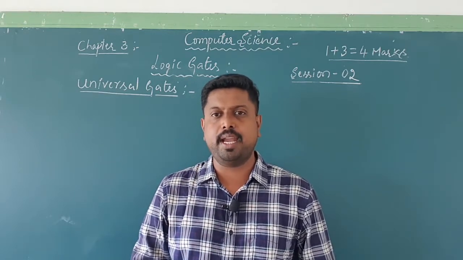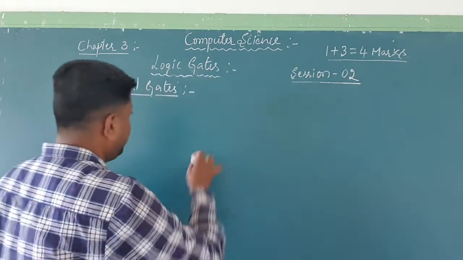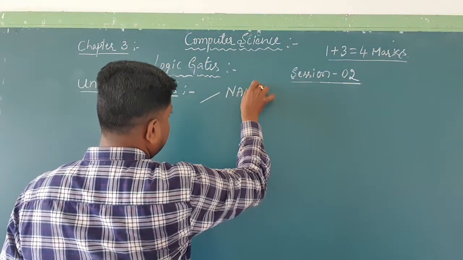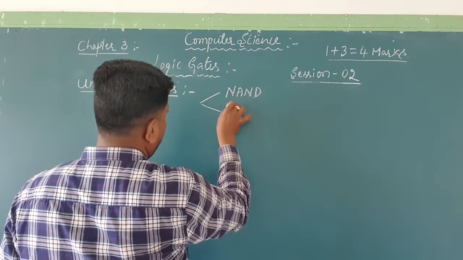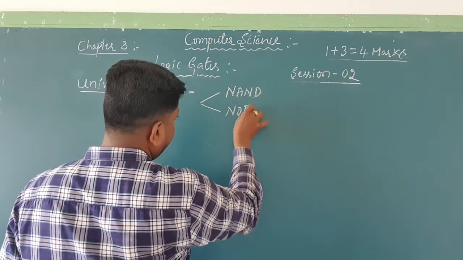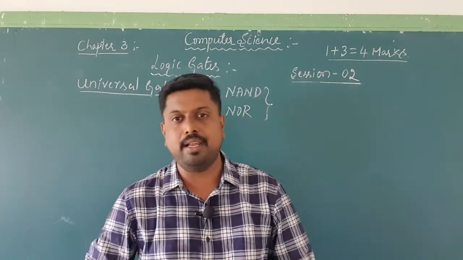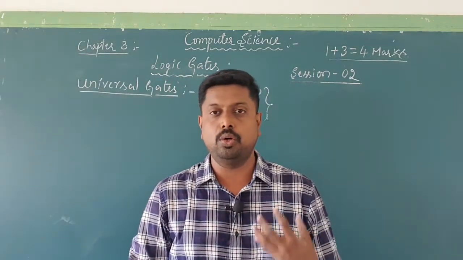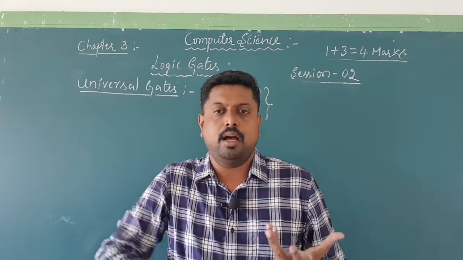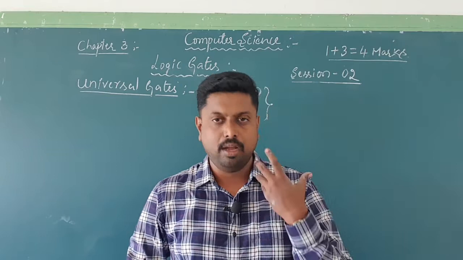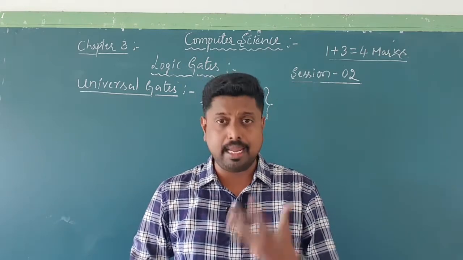In these universal gates we have 2 categories, as I said earlier: NAND and NOR. We have a chance to redesign AND, OR, NOT with the help of NAND only, or with the help of NOR only. This is what we call realization.